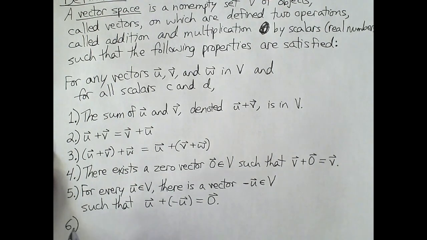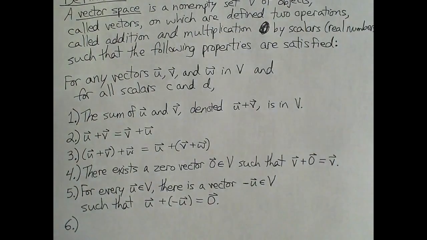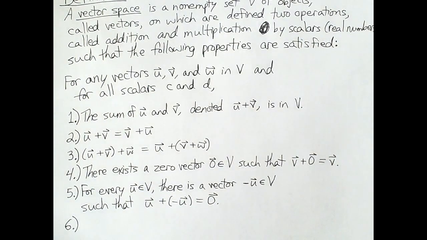We have 10 of these. So the first 5 seem like they were properties about how addition works in a vector space. The definition said that there's addition and another operation called scalar multiplication, and the rest of the properties are going to be about how scalar multiplication works.